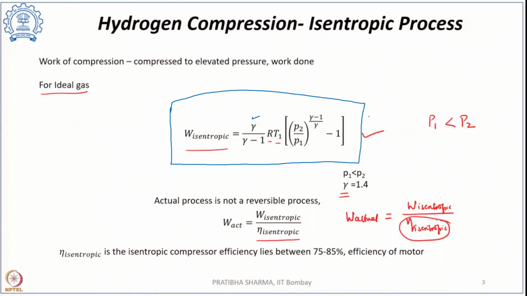This formula is so important that you will get it in very high competitive examinations, starting from GATE, NET, maybe SET, and from the engineering perspective. This is the isentropic work done for the case of the compressor.